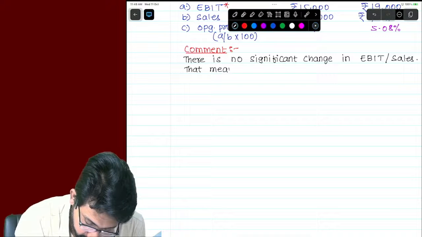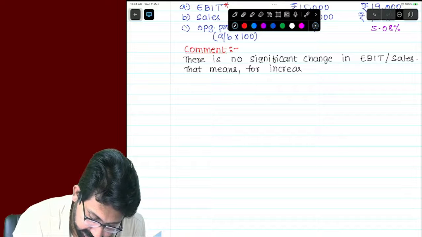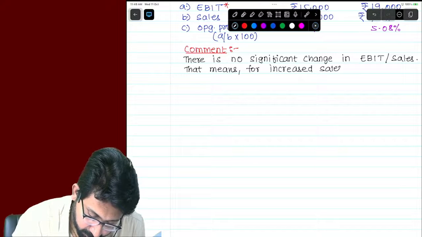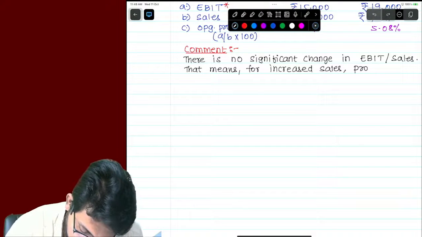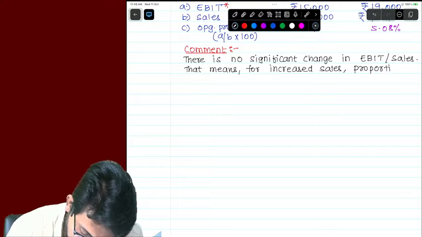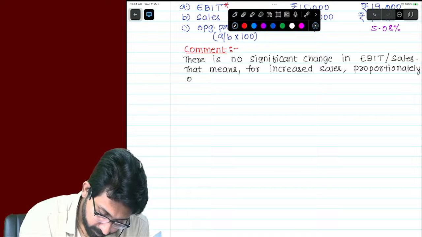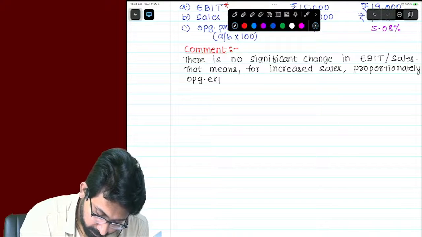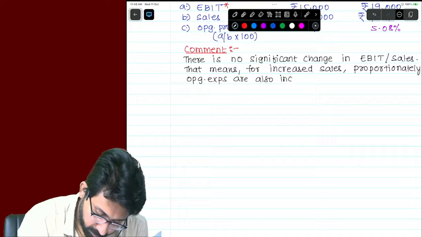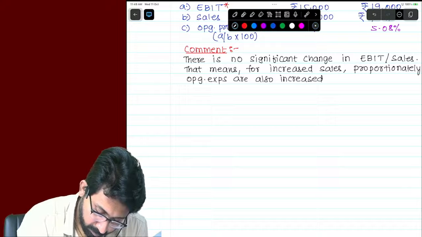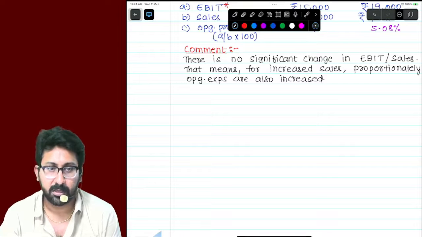That means for increased sales, proportionately operating expenses are also increased.